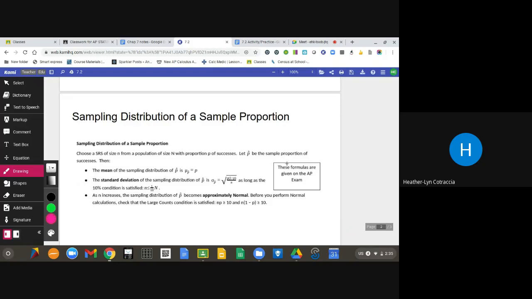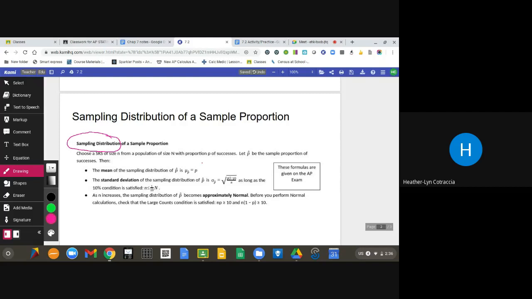So basically, we're still working with those sampling distributions. Remember from before, sampling distribution means a dot does not mean a dot. A dot means, in this case, a proportion of a sample. So you have a sample, you figure out a proportion that represents that sample, and then you plot that proportion. So the mean is actually really, really simple.